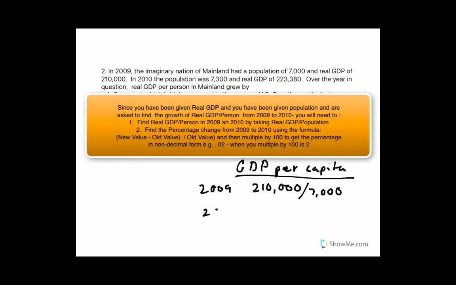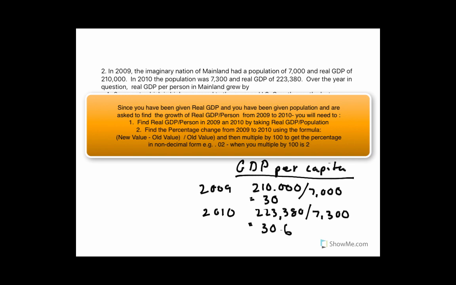In 2010, that's going to be 223,380 over 7,300, right? And if you do these numbers, the first gets you 30, and this gets you 30.6.